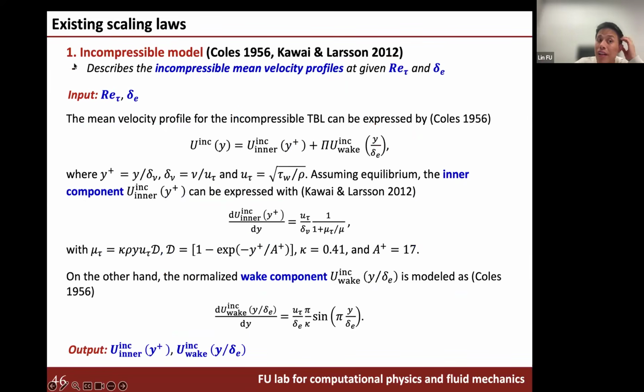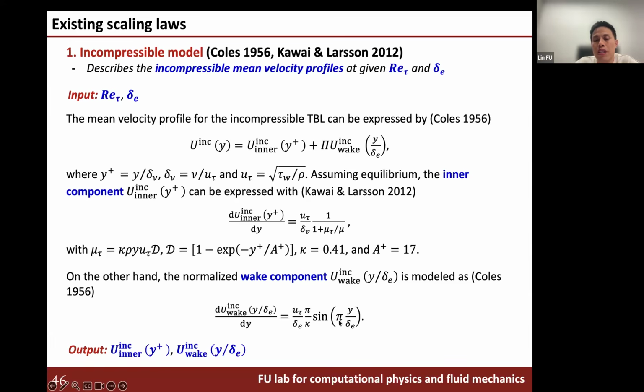Okay, so the story is like this. First, if you give me Re tau and boundary layer thickness, I can uniquely define the incompressible boundary layer profile by compositing the inner regime, the inner log law, plus a wake law. The inner log law is essentially just a log law plus a damping function. It's very classical.